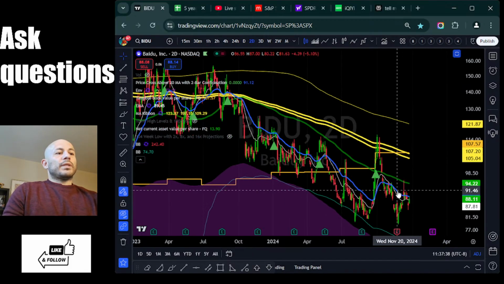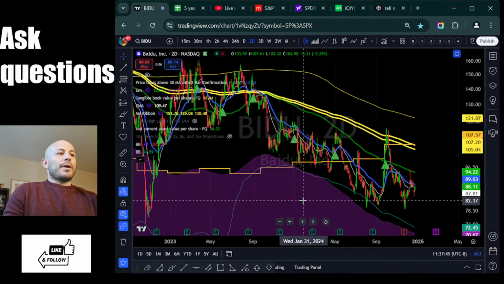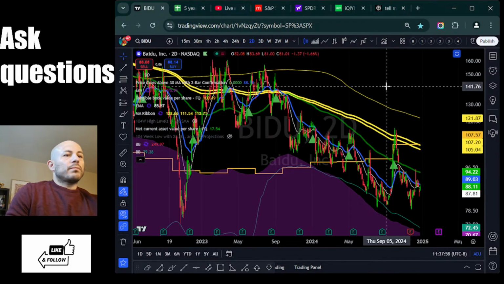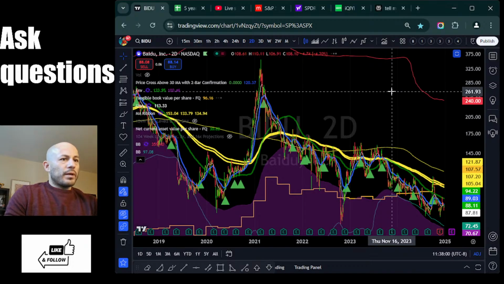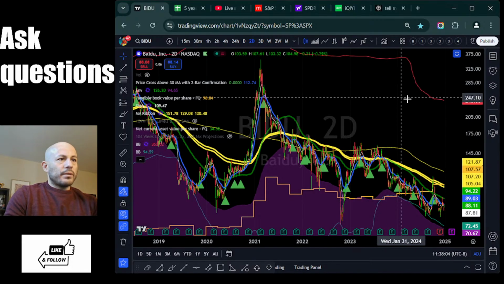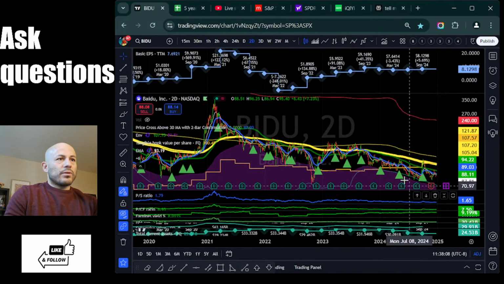I think it's going to do the same thing as what IQ is going to do, some kind of a double bottom, hit 115, maybe higher, because it's worth it fundamentally. So I'm expecting this to be more than a $100 stock, potentially even over 300, and then over 5 years, $500, because these earnings are juicy.